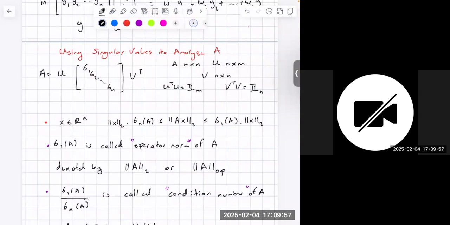And then the ratio of the biggest and smallest singular values is called the condition number of A. What does that mean? You give it the vector x, and you look at the ratio of the biggest stretching divided by the smallest squeezing. How much change could this matrix possibly do?